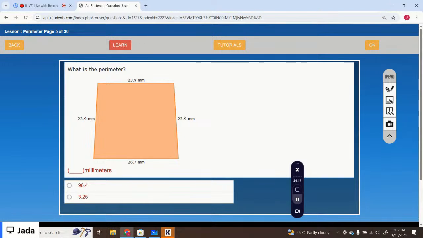What is the perimeter? The correct option is 23.9 times 3, 71.7, and then plus 26.7.